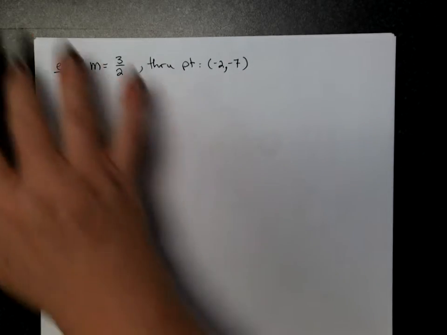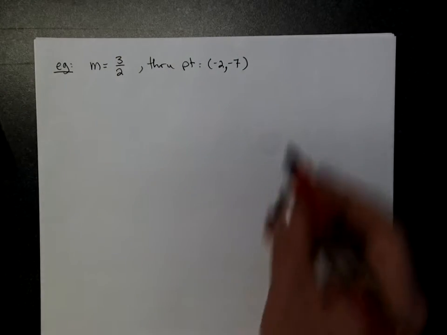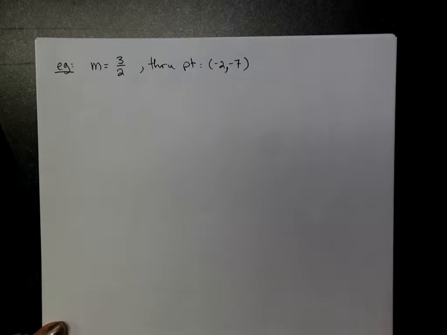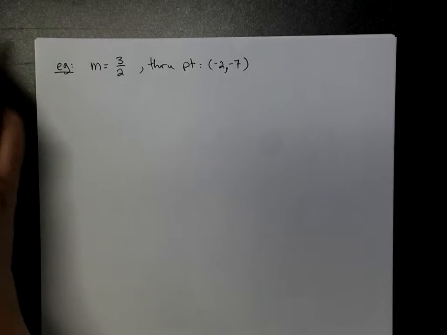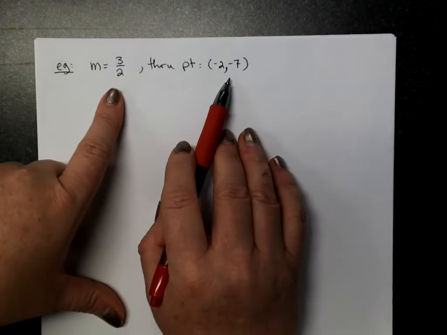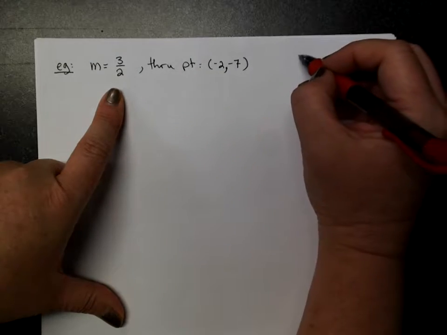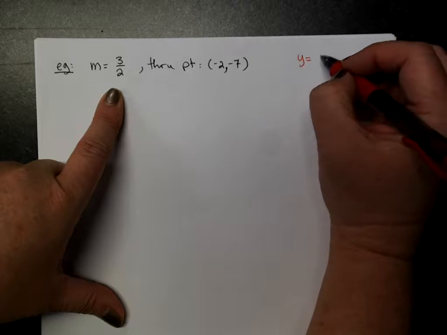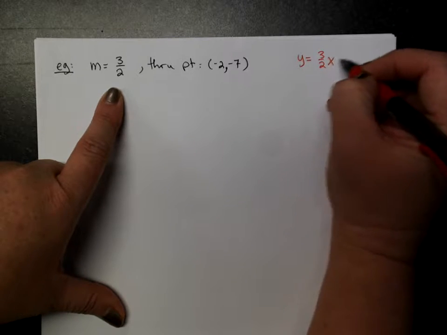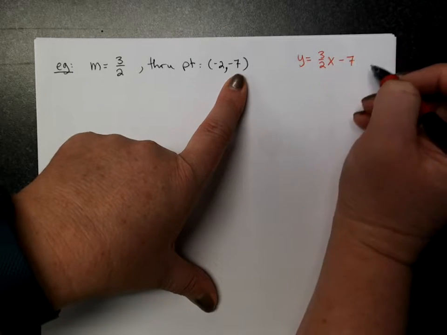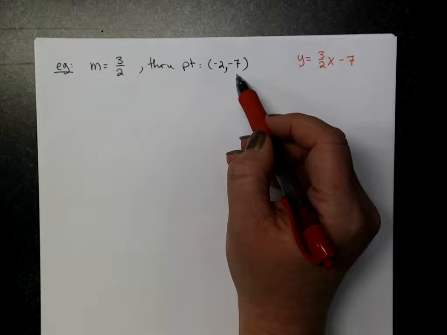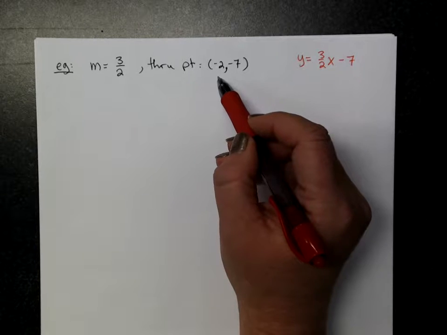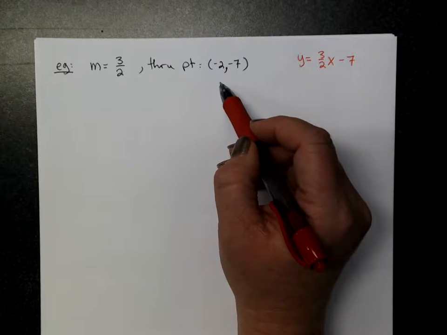All right. Let me make real clear here, too, what not to do. You cannot, and this is a common mistake I see on a few papers when people get a little confused. Remember, you need a point and a slope, which you have, but what you cannot do is this. y equals 3/2 x minus 7. Is that my b? Why is it not my b? Because it's not the y-intercept.